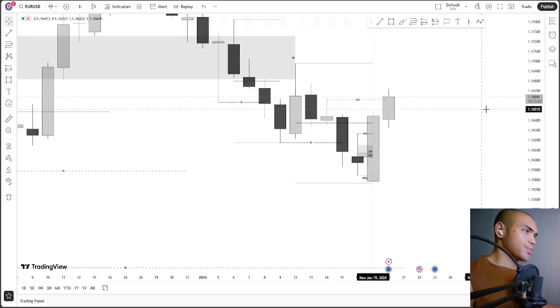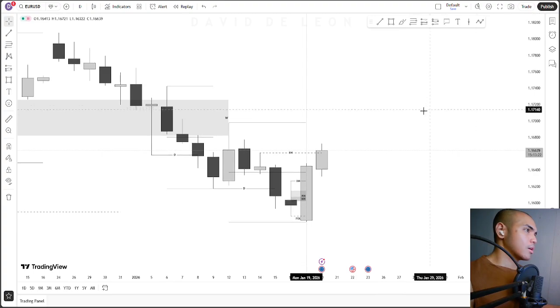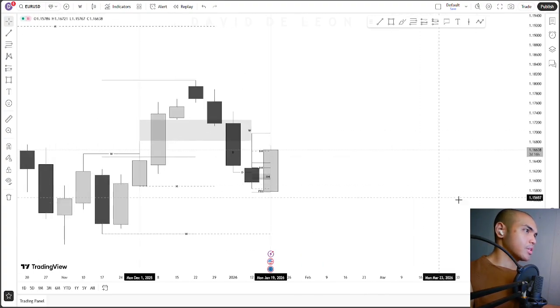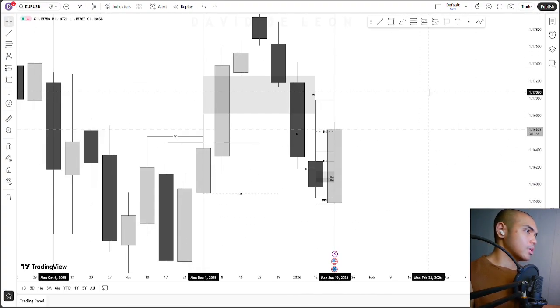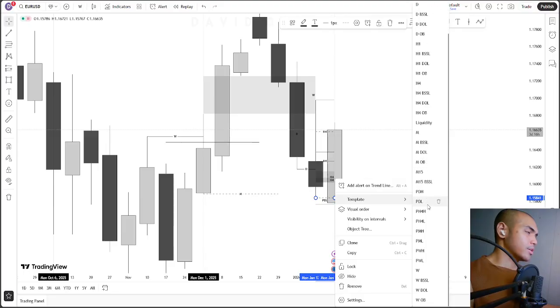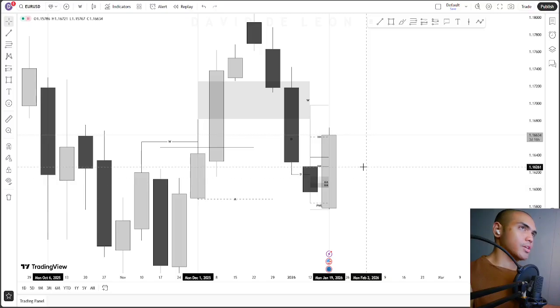Today is Tuesday, and let's analyze from the weekly chart first. Because as we can see, we have a previous weekly low that got taken out.